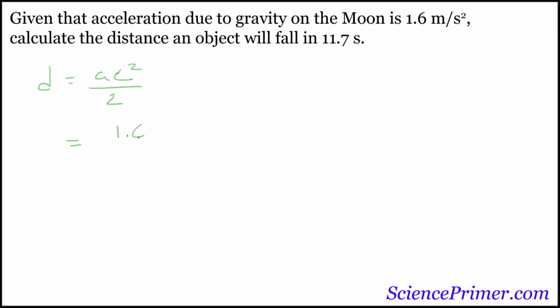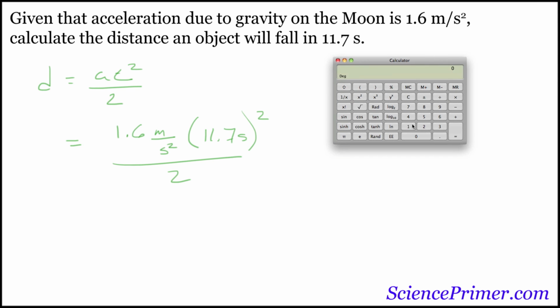Acceleration is 1.6 meters per second squared times 11.7 seconds squared divided by 2. Pull the calculator over. 1.6 times 11.7 squared divided by 2 equals 109.5.